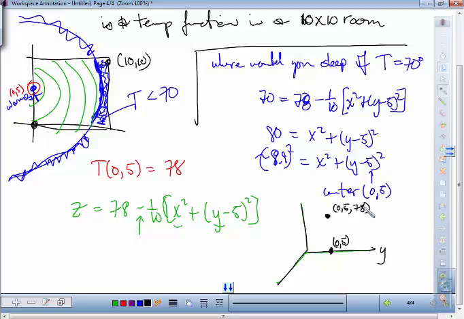So let me put that in 3 dimensions. 0, 5, 78 is your height directly above this point, 0, 5, 0. And then you have a paraboloid turned upside down like this, maybe a little wider. It's probably a lot wider than that because in a 10 by 10, the temperature just moves from 78 to 70, probably not even past 60.